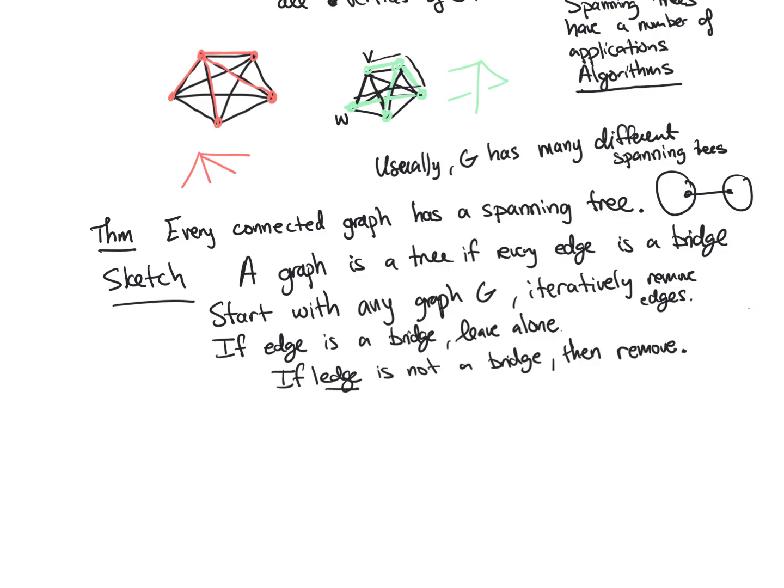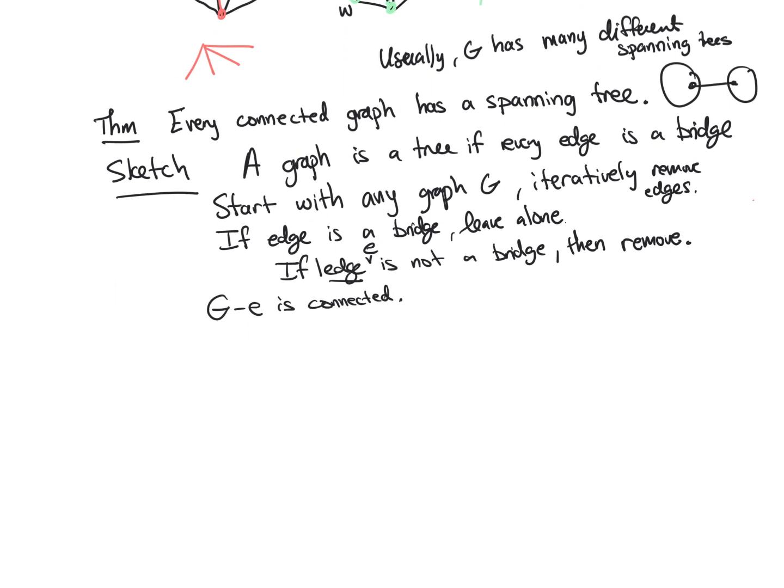So what does it mean? Let me call this edge E. If E is not a bridge, then we remove it. Since it's not a bridge, it means G minus E is connected. And then we just apply the same procedure.